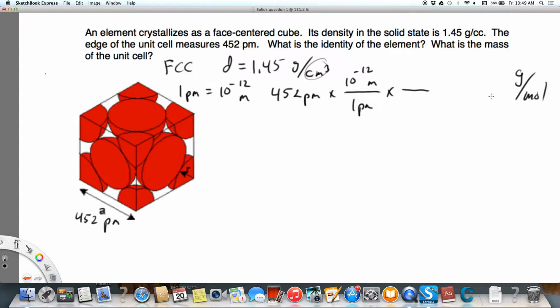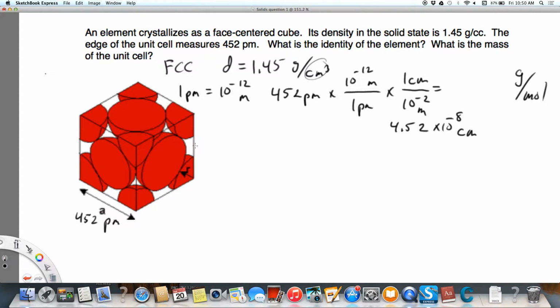So we know that 1 centimeter is 10 to the minus 2 meters. That's going to equal 4.52 times 10 to the minus 8 centimeters. And for most of these elements, the size of the unit cell or the radius of the atom is usually on the order of 10 to the minus 8. If you keep that in mind, you'll be in good shape.